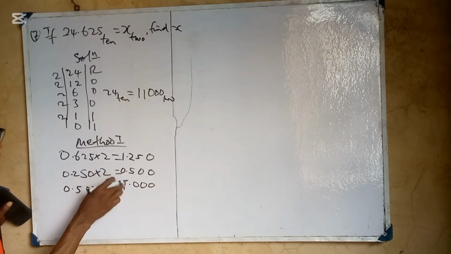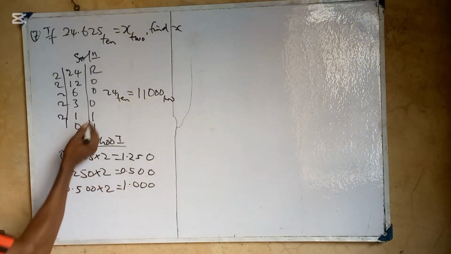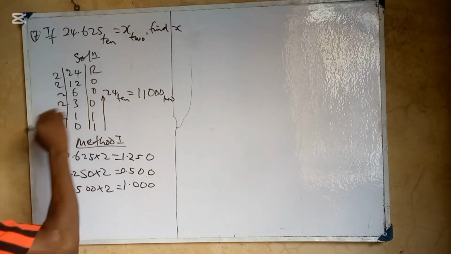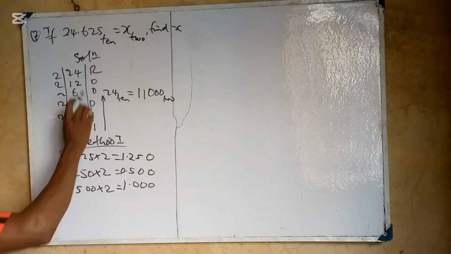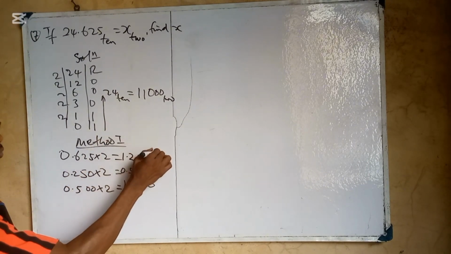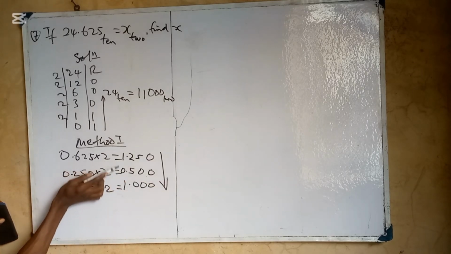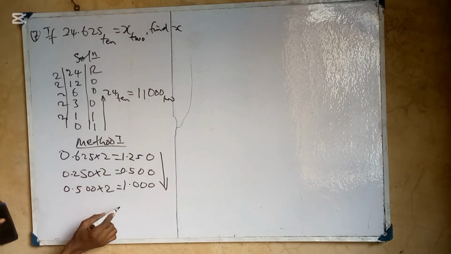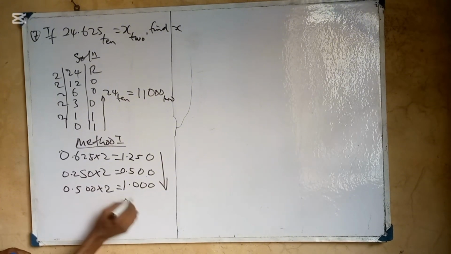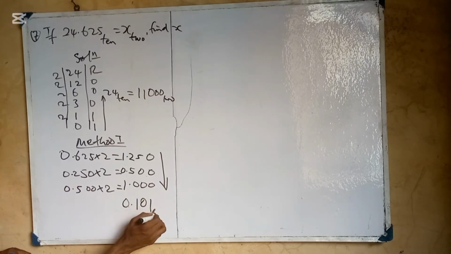When you reach 1, that is the end of it. The normal way is we arrange remainders from bottom to top. Here, you arrange it from top to bottom. So we're going to have 1, 0, 1. All right, we have 0.101 in base 2 now.